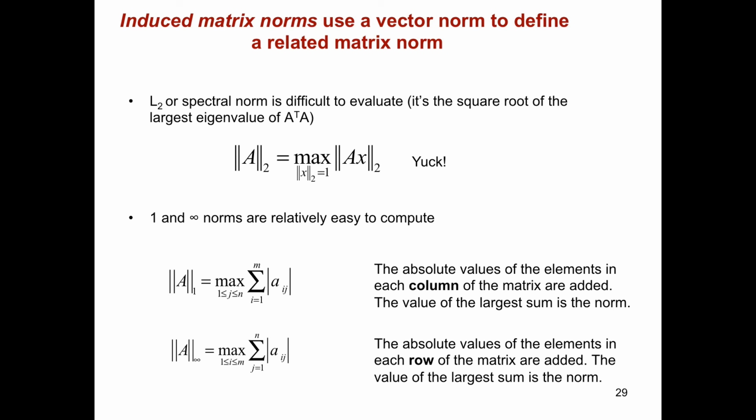Second one, and that one's not so obvious, okay? So I'm probably not going to ask you to compute this one. Let me just finish the sentence. Is the 2 norm, okay? The 2 norm looks at how A maps a vector of size 1, or length 1, and looks at all of those vectors and finds a maximum.